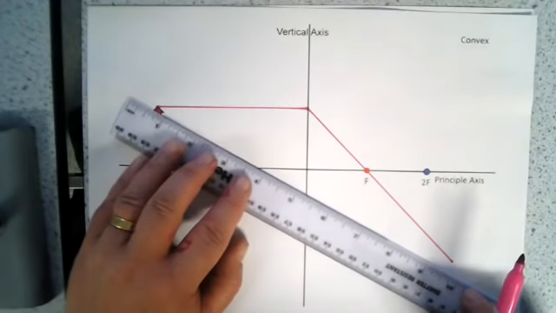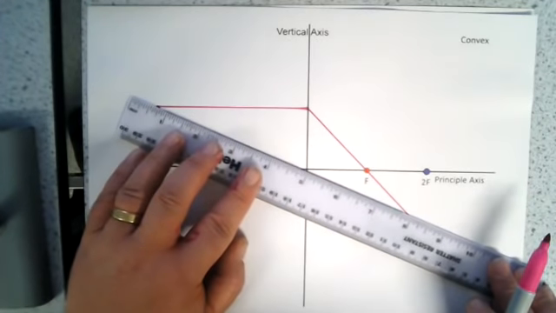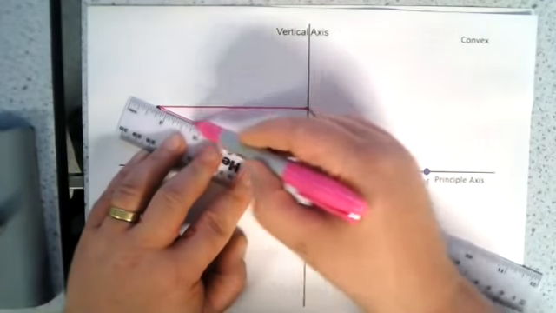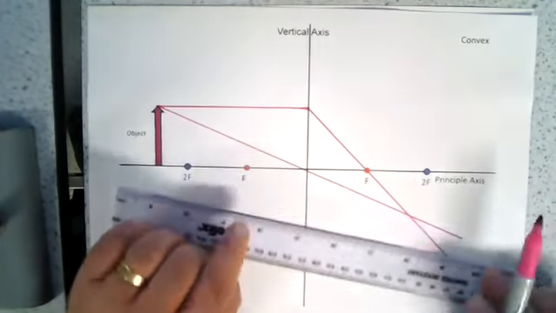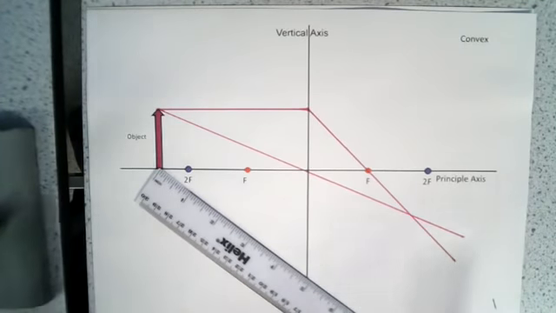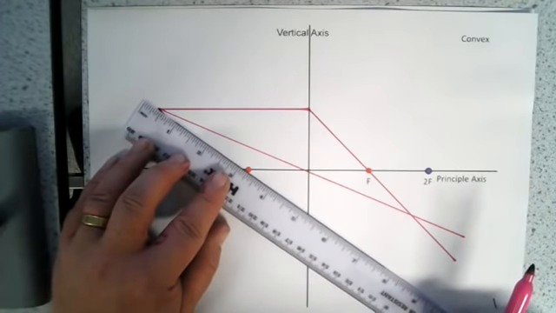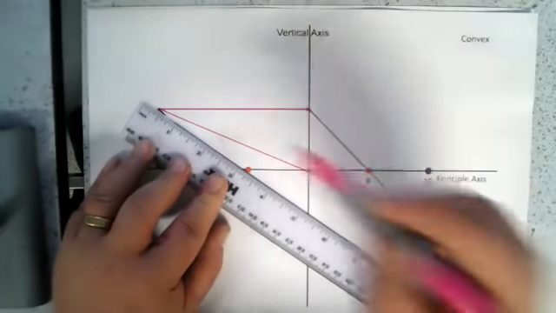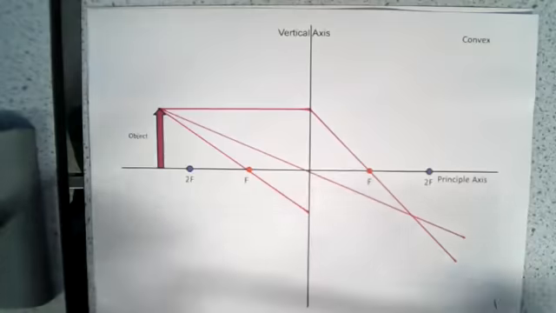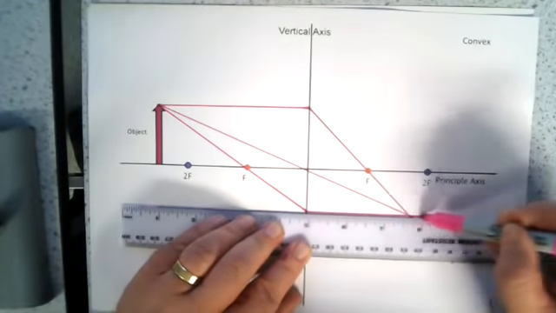Our second line goes straight through the center of our axis. And you can see that I'm slightly off. Okay. And our third line goes from the tip of our object through the focal point on this side, down to the axis, and then across.